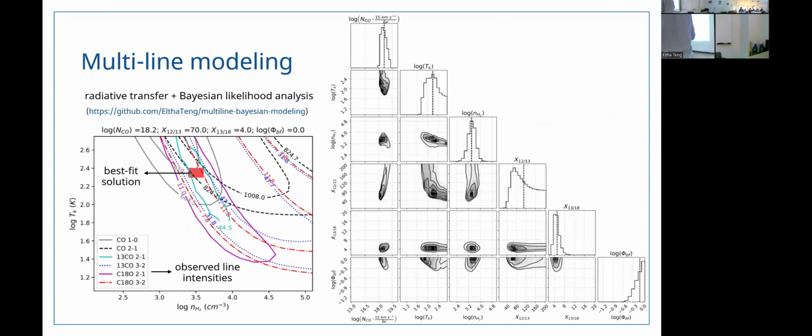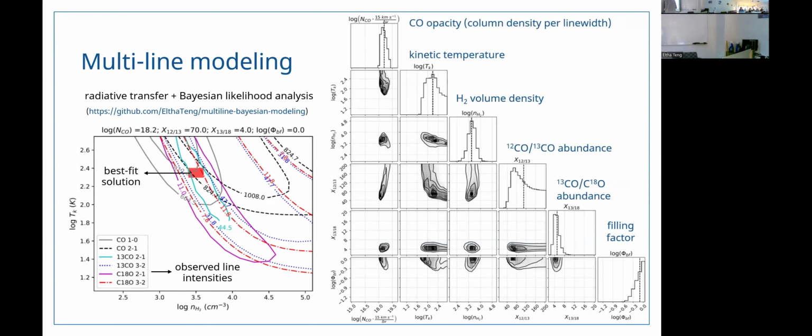So to more precisely determine the physical conditions of these different regions in these galaxies, we use a radiative transfer model with Bayesian likelihood analysis to model all 6 lines we observe, and we fit to the observations to constrain best fit solutions and the likelihood distribution for each parameter of interest.